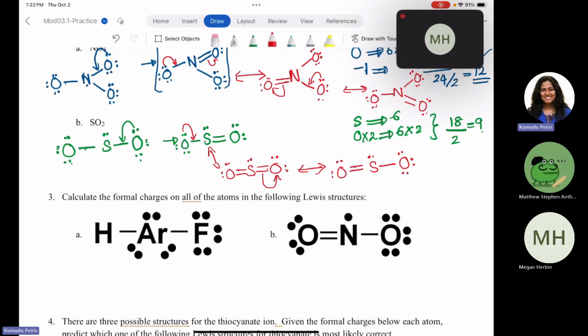You don't break both things, okay? At one time, you move only one pi bond. Keep that in mind. This is a mistake that students usually make. They tend to break two pi bonds at a time.